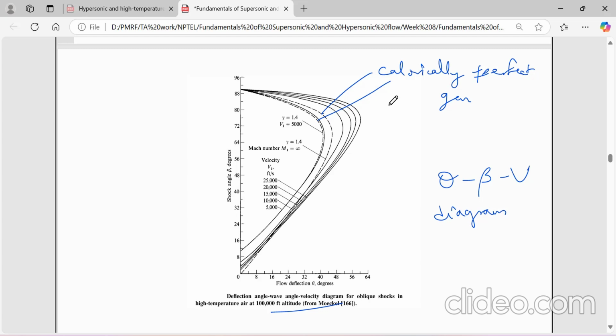For the same, you see that for V1 equal to 5000 feet per second, this gamma equal to 1.4 means calorically perfect gas. And for this figure, for chemical reacting gas, you can see that this theta max is higher than this theta max.